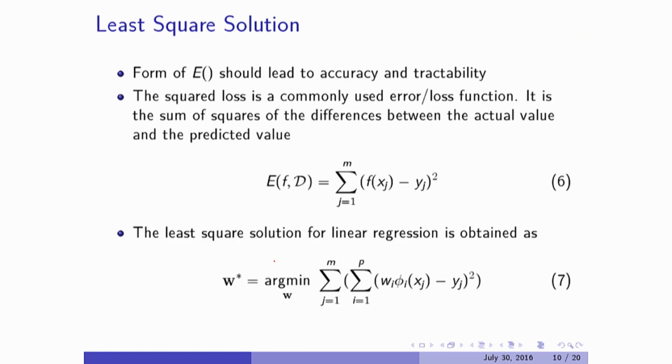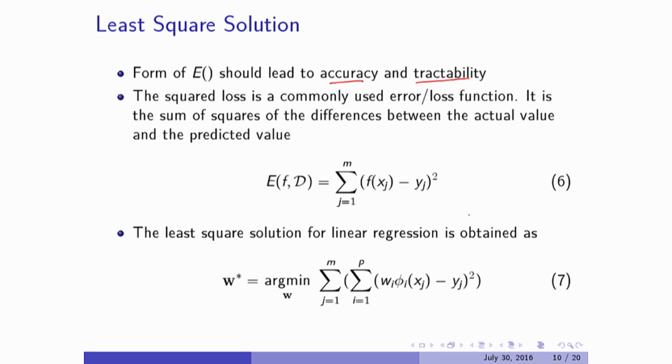So back to the least square solution. We already discussed the motivation for the specific form of least square error. It leads to accuracy and tractability. Accuracy over unsigned variants of the error, because we were interested in errors on either side being penalized.